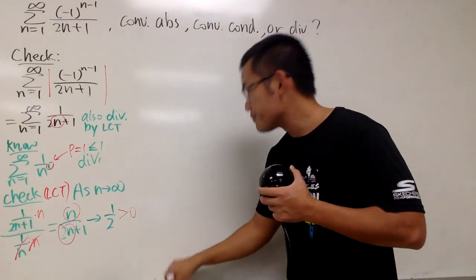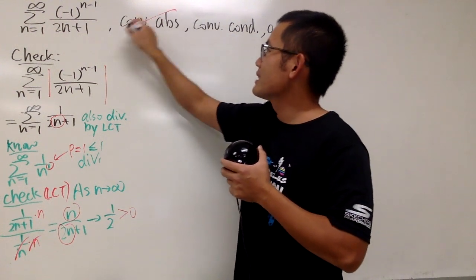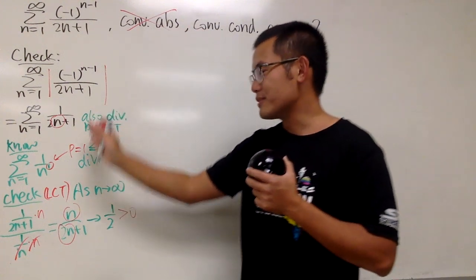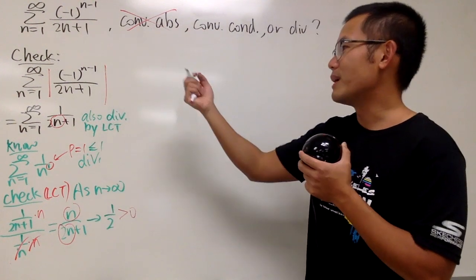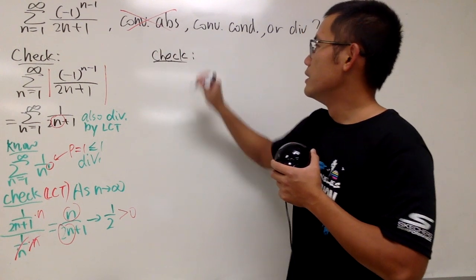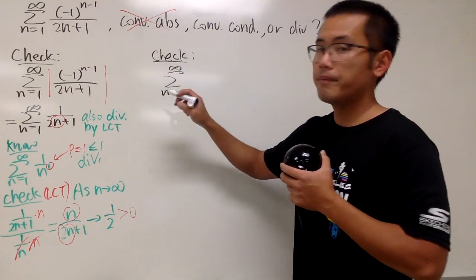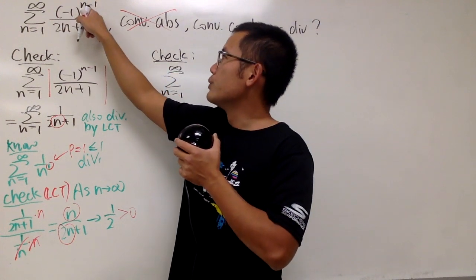So here we go. Again, it's not absolute convergence because the absolute value right here diverges, but we have to just go back and check the original again. So here we go. Well, if you look at this, it is the sum as n goes from 1 to infinity. We have the (-1) to this power.